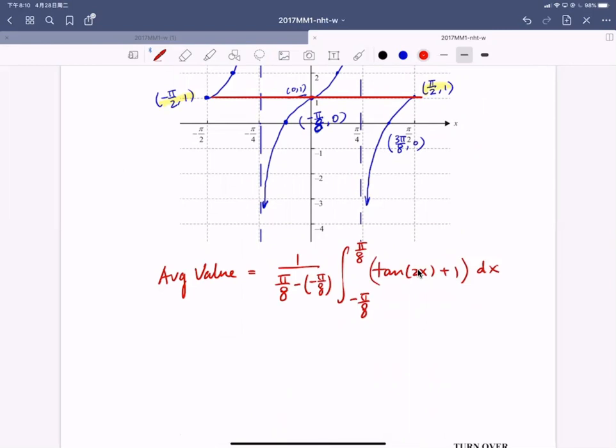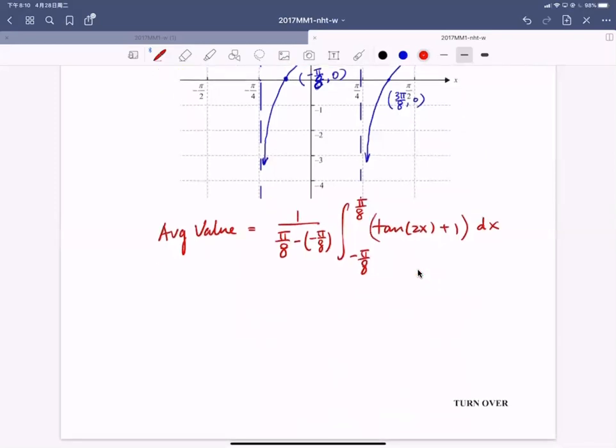Normally in Math Methods, they won't expect you to directly compute the antiderivative of tangent 2x unless you are a specialist math student. But if you really want to do it that way, let's do some simple calculation first.